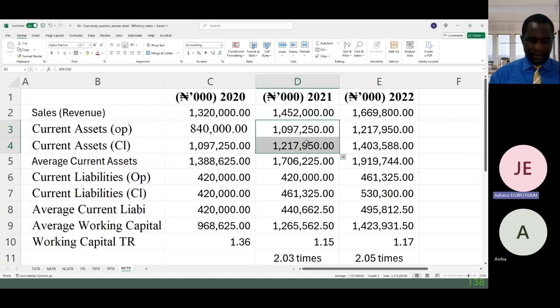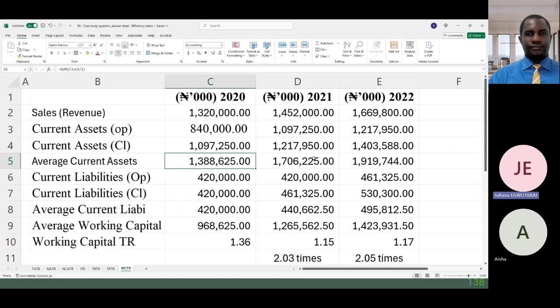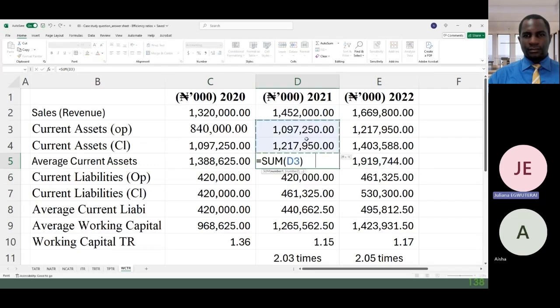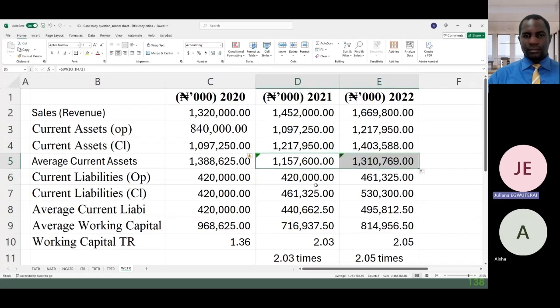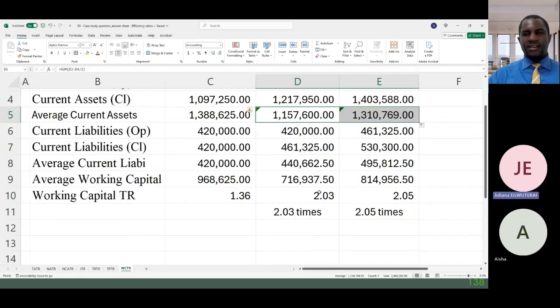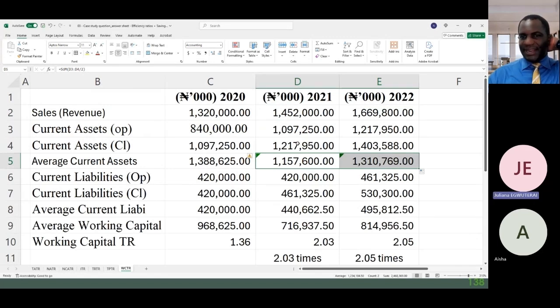Exactly. The current liability is 420,000 plus 461,325 divided by 2. 440625. That was where the formula gave me something wrong.